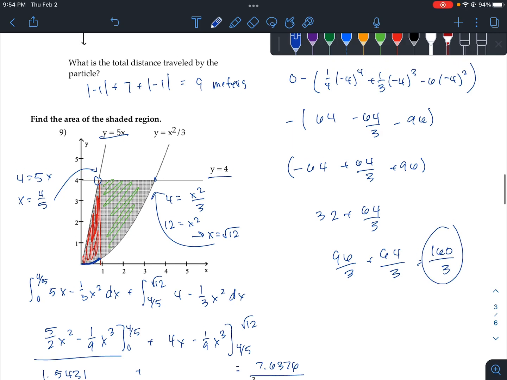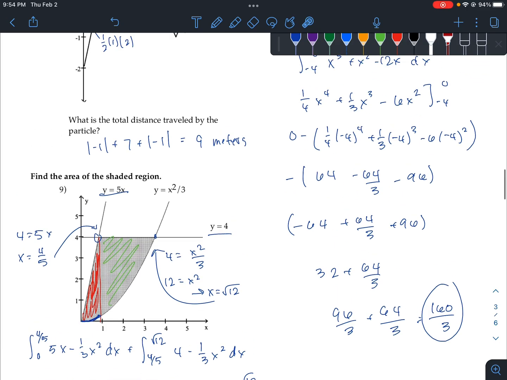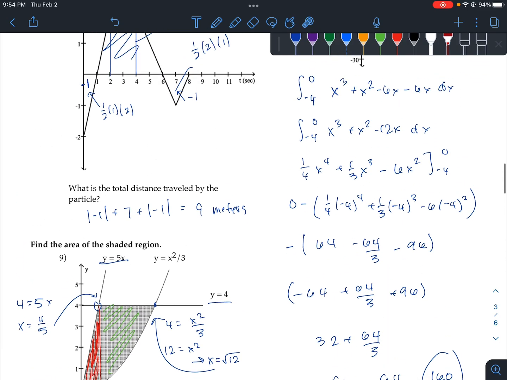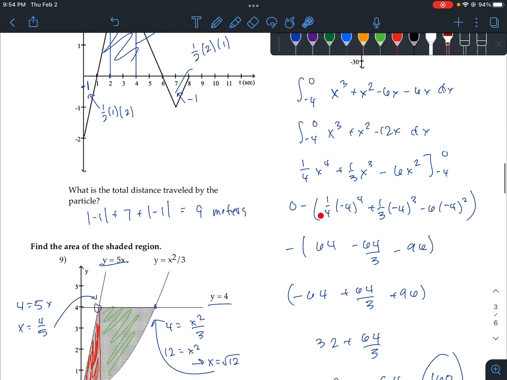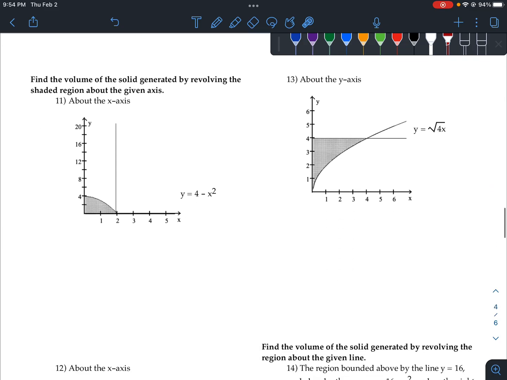Okay, so honestly, I'm kind of on the fence about this one. This one's not that bad of fractions, but also probably pretty prone to mistake because of all the calculations there, especially with 0 being out in front. But anyways, that one's not too bad.